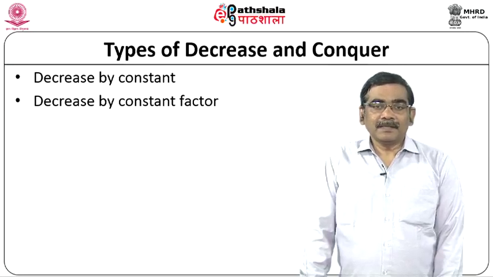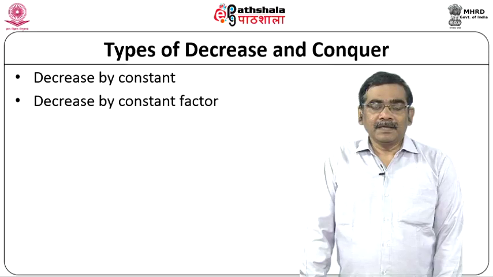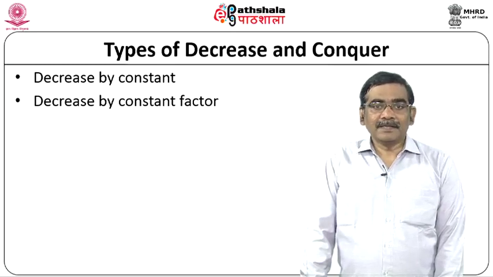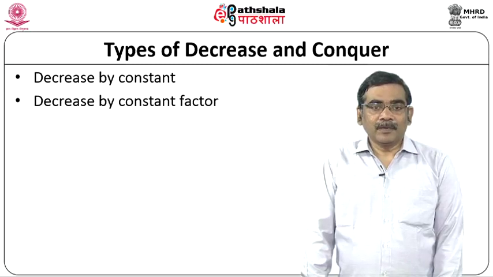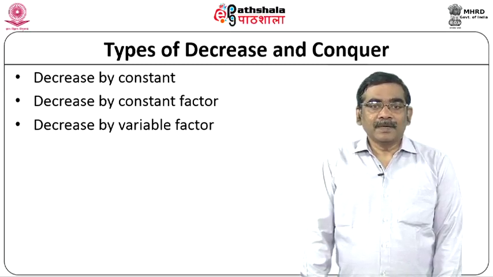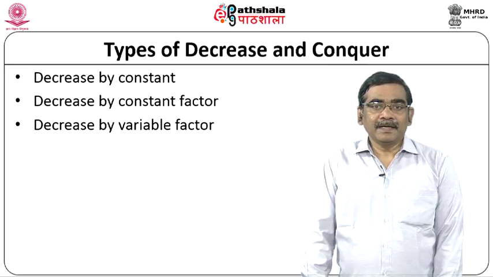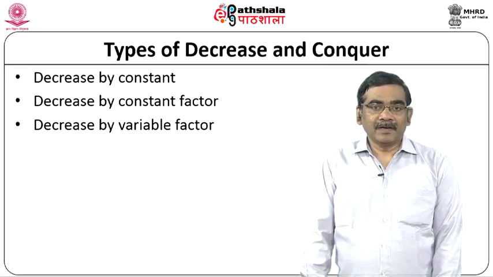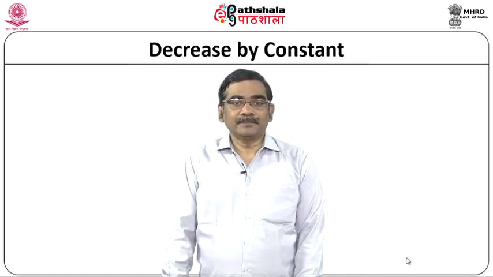Decrease by a constant often means 1, whereas in the constant factor it can be more than 1, and we can also have decrease by a variable factor, where the factor changes depending on the context.